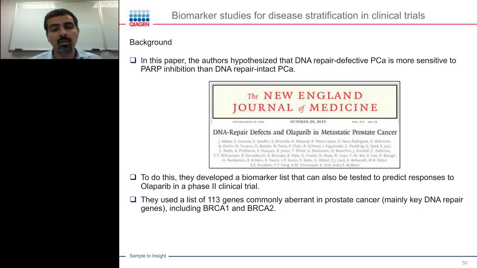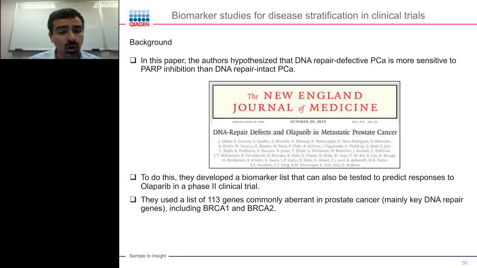It's an excellent paper because it's a phase 2 clinical trial that actually stratified patients based on the genetic makeup of 113 genes. But so the idea here was to build on the earlier studies that I've showed for ovarian cancer, where the authors are asking this question, do we see the same happening in prostate cancer or not when these patients are treated with olaparib?